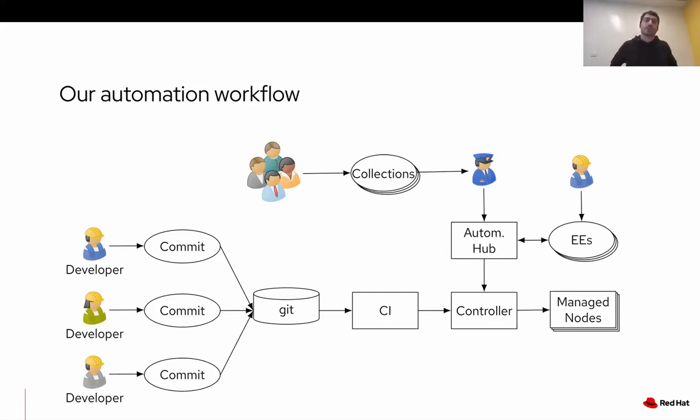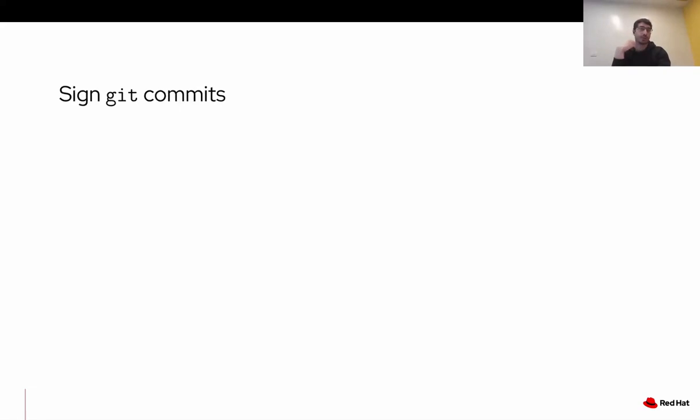So the first thing we can do is start from all those commits and Git, and make it more secure, just to ensure that whatever our developers meant to commit is exactly what has appeared in our systems. We can use a lot of standard tooling for this. The first step is signing Git commits.